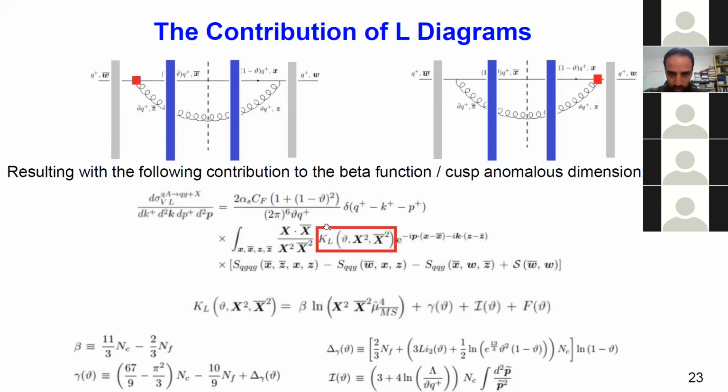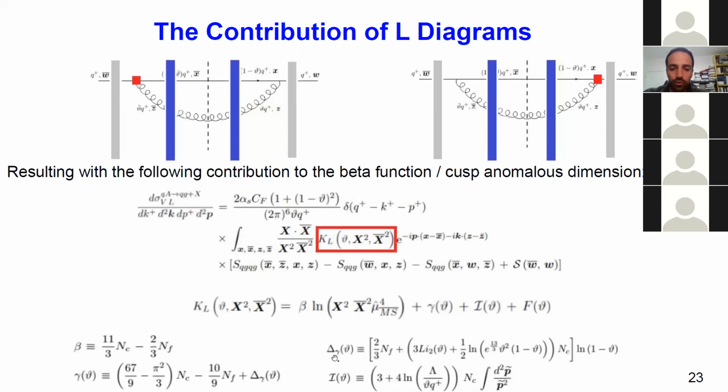This is the only difference from the leading order result. Now we have some kernel that is encoding the beta function together with the cusp anomalous dimension. And this cusp anomalous dimension is not the regular cusp anomalous dimension that we meet for the case of eikonal emission.